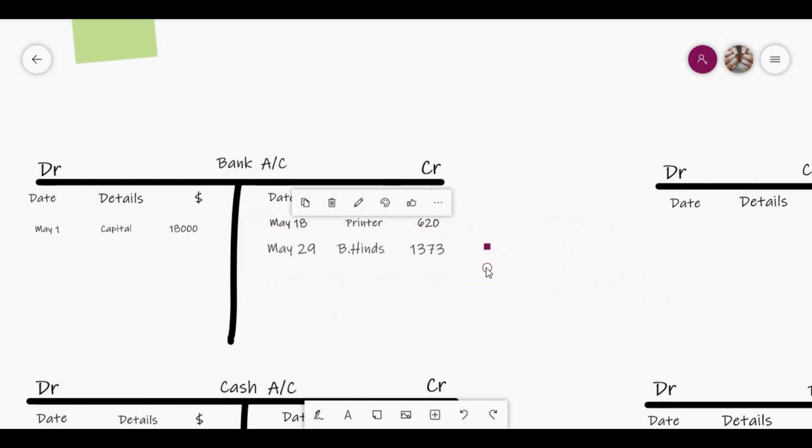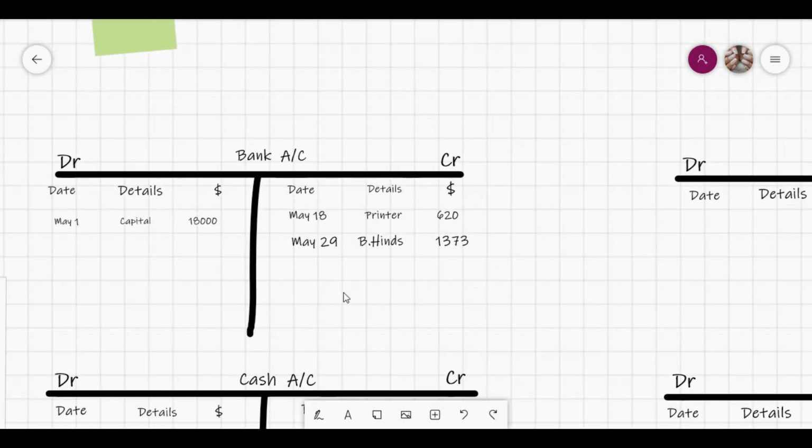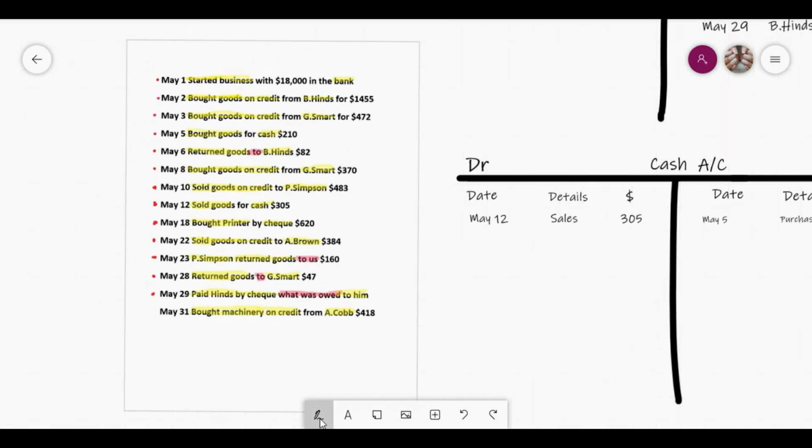Sorry, bought machinery on credit. So this will affect the machinery account and A Cub's account. Assets are always debited. Let me repeat that: assets are always debited. So it is going to be debited under the machinery account and credited under A Cub's account.